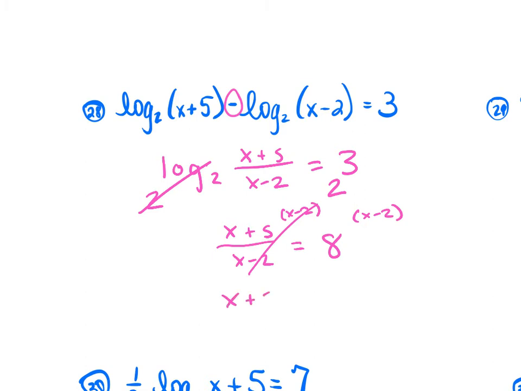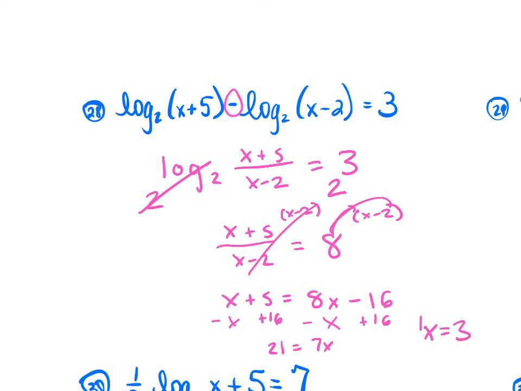So x plus 5 is equal to 8x minus 16. I just distributed the 8 in here. Next, we combine like terms: subtract x on both sides, so 7x, add 16 on both sides. 21 is equal to 7x, x is equal to 3.